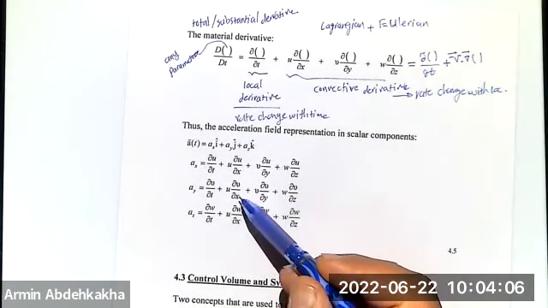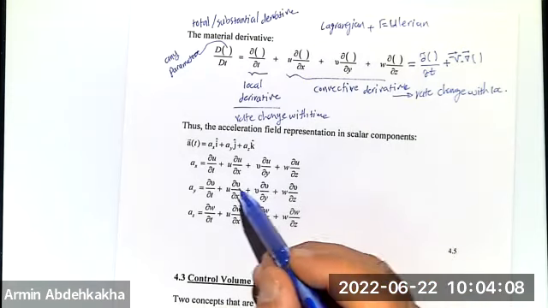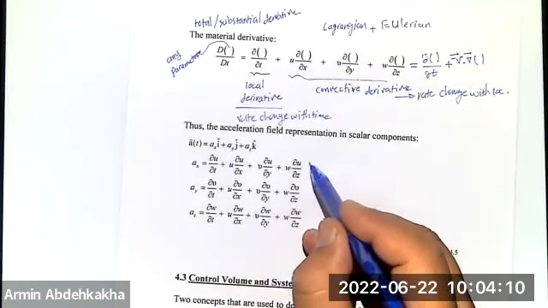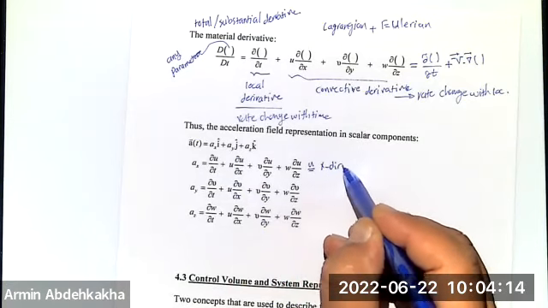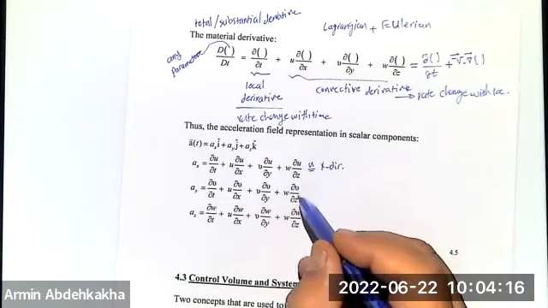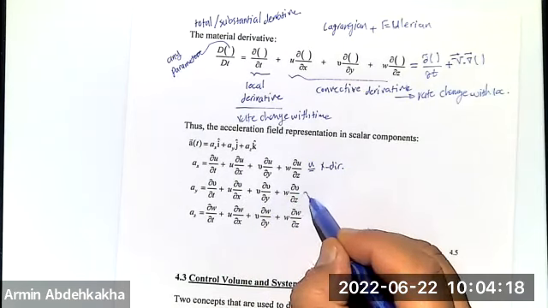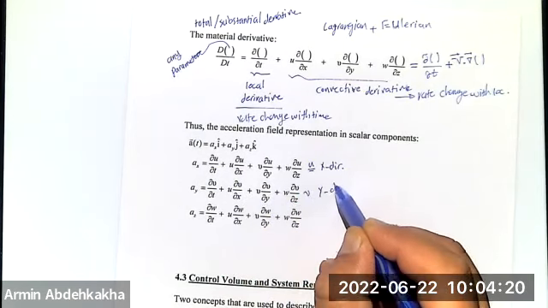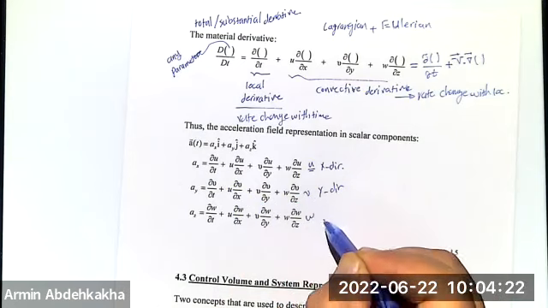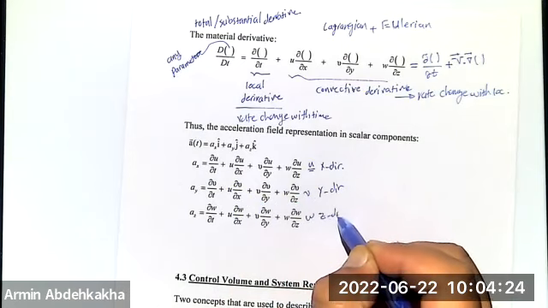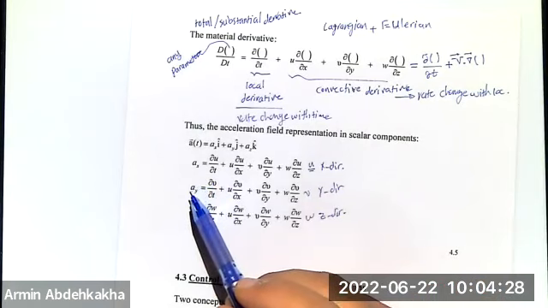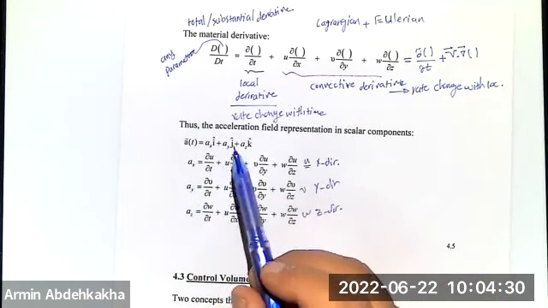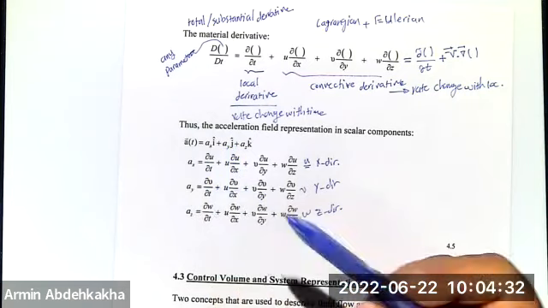So in the second part, what is changing here in the parenthesis is U. Why U? Because it's the X direction. And here, instead of U it changes to V because it's the Y direction, and W because it's the Z direction. So when you get these ax, ay, az, you put them here and you have vectors.